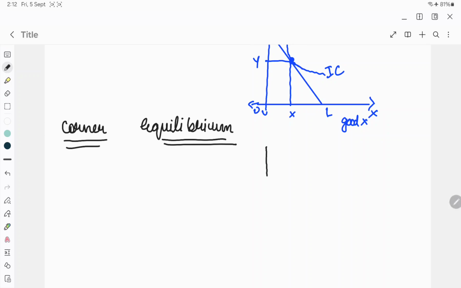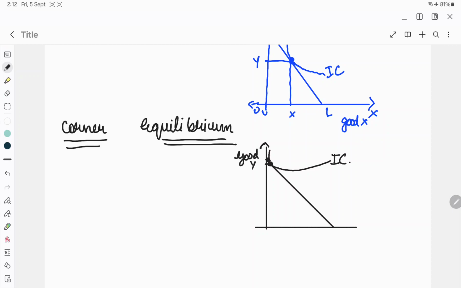So, let's assume this is the budget line, and the tangency with the IC curve is happening at this point, where he is only buying good y, at the start of the IC curve.